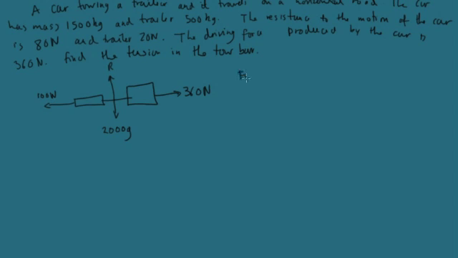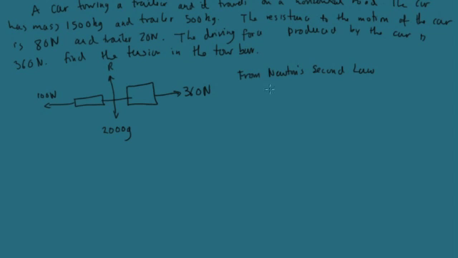So from Newton's second law, firstly we're going to treat the complete system. We add all the forces together, the resistance and the masses, so this has been treated as one system.